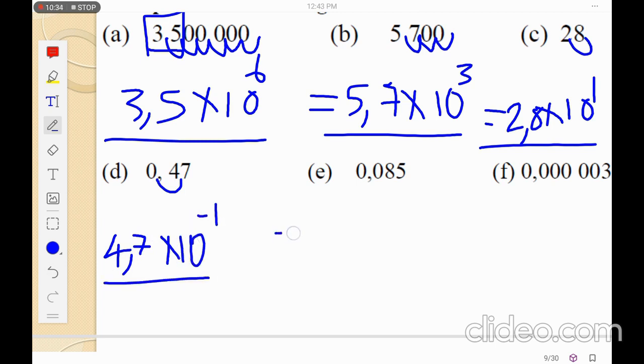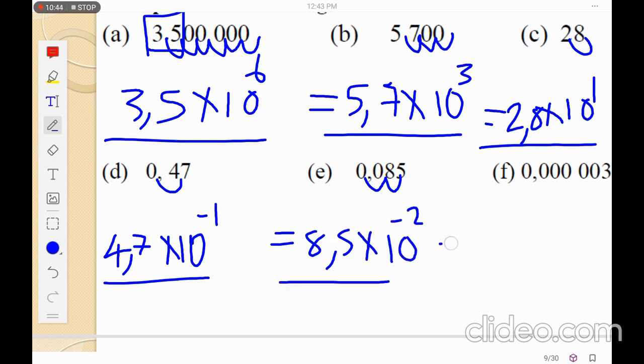I go to the next one, I move 1, 2, I'm now at 8.5. 8.5 times 10 to the power of minus 2. I've moved 2 there. Let's go to the last one. 1, 2, 3, 4, 5, 6. 10 to the power of minus 6. So I've got 3 times 10 to the power of minus 6. So this is how we are doing this.